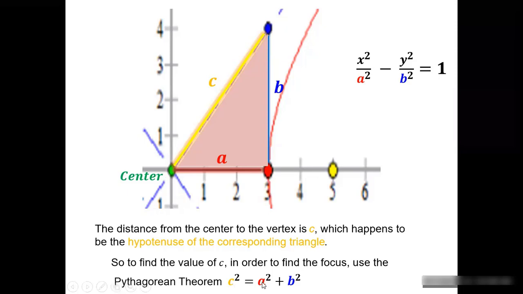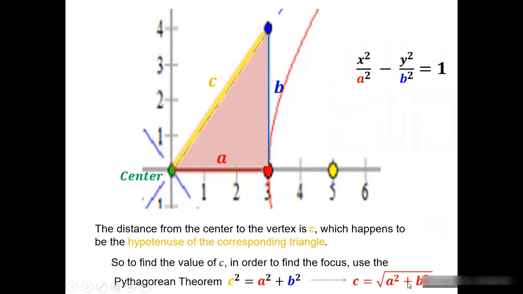So we can now take the square root of both sides and find out that the c value can be found by taking the square root of a squared plus b squared. You may remember that the formula for finding the focus of an ellipse was exactly the same, except that it had a minus sign in between. Now for a hyperbola, we're using the standard Pythagorean theorem, and therefore it has a plus sign.